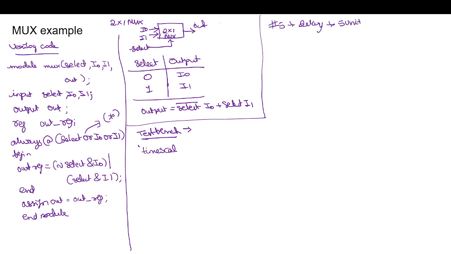So now if we want to define what this unit is, whether it is 1 nanosecond or 10 nanoseconds, we will be using the timescale. This will be like 1 nanosecond, 1 picosecond. This is for precision. So after every 1 pico, it should be able to detect.